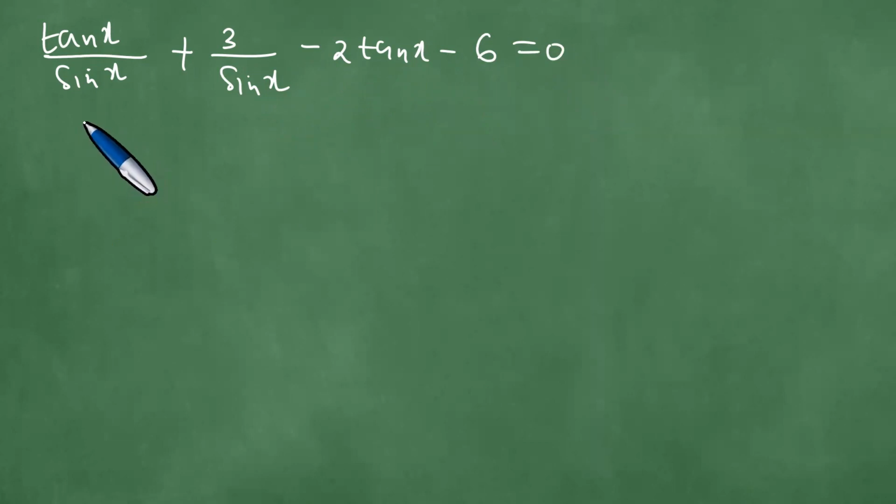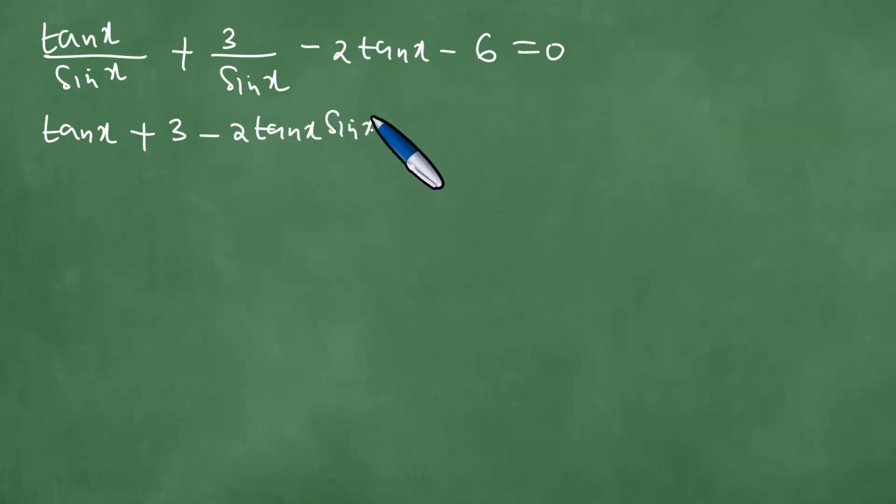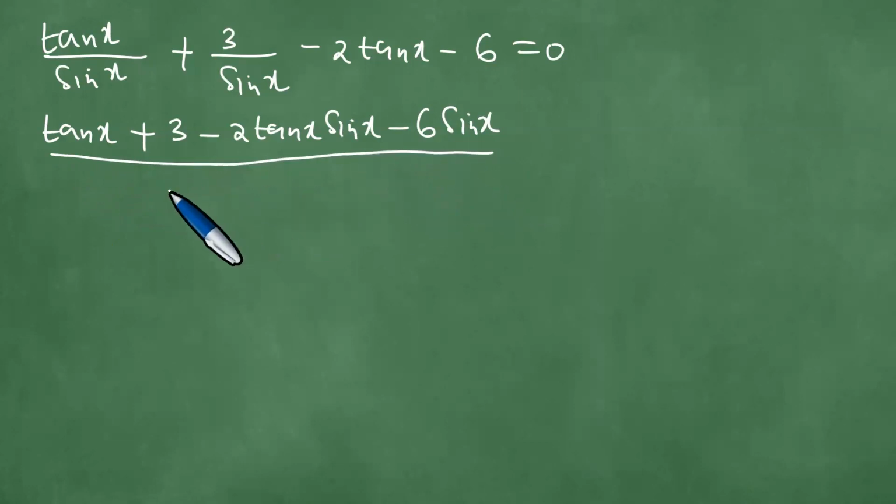The next thing we do is we take the lowest common denominator, and we have tan x plus 3 minus 2 tan x sin x minus 6 sin x, and you divide these by sin x, and this equals 0.